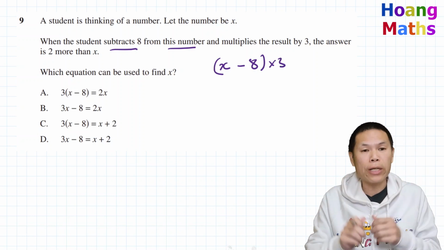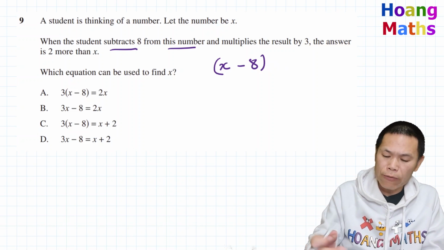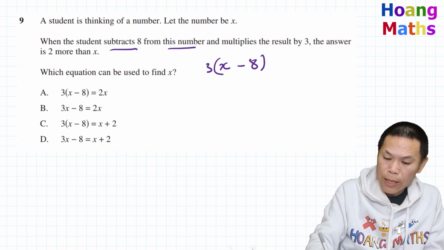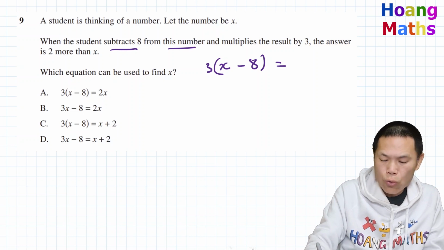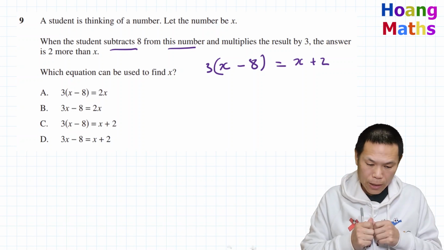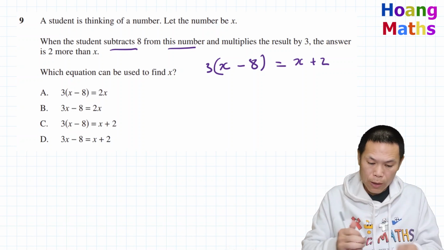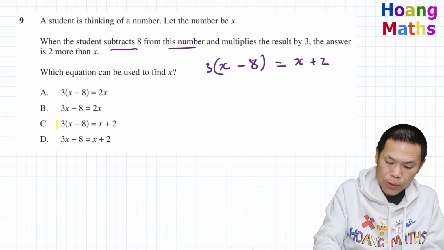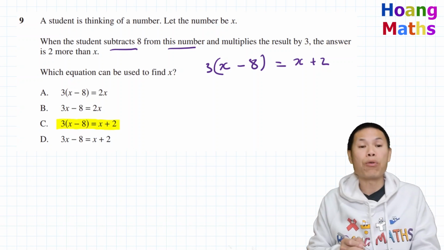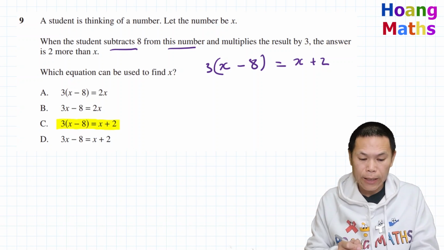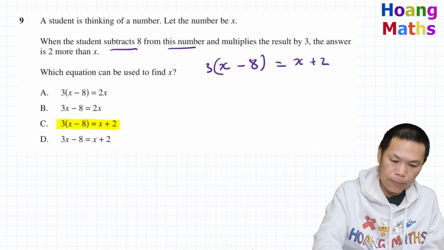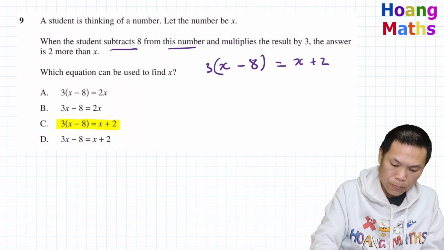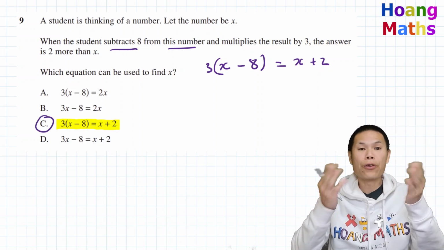I can also put the 3 in the front. And the answer is 2 more than x, so that is x plus 2. If we look at the options, that should be option C: 3 bracket x minus 8 close bracket is equal to x plus 2. So that's it. There you go.